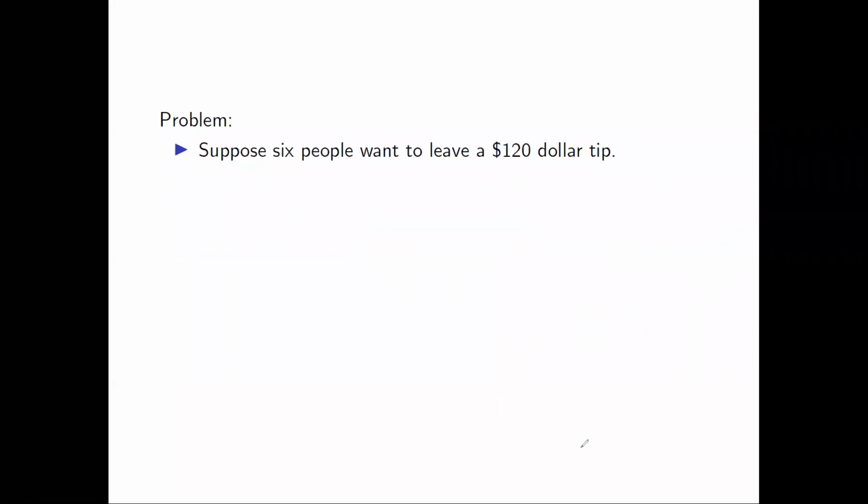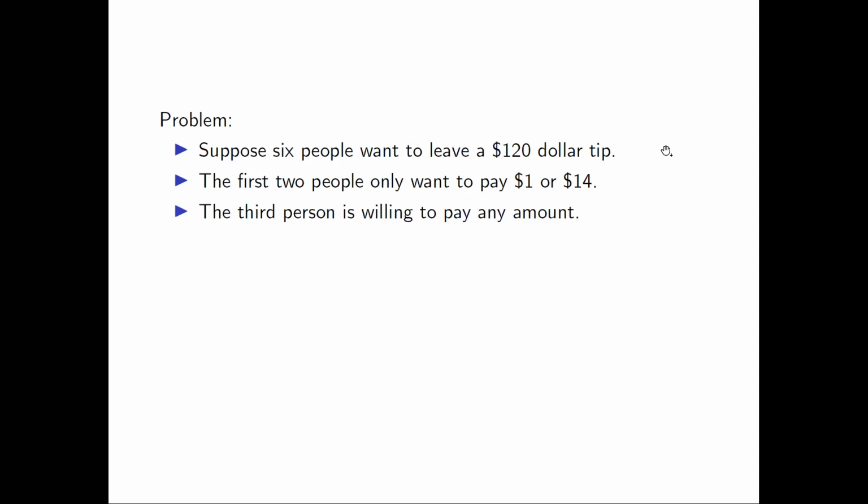And here's a second problem for you to think about. It's a similar kind of problem, but with some different constraints. Suppose for this other problem, you have 6 people and they want to leave a $120 tip. Here are the rules for the first 2 people: they only want to pay $1 or $14. Suppose the third person is willing to pay any amount of money.